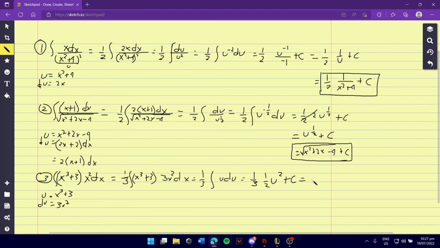So 1/3 times 1 half becomes 1/6. And then we distribute the value of u, which is x cubed plus 3, squared. And then add our constant. So this is your answer in example number 3.